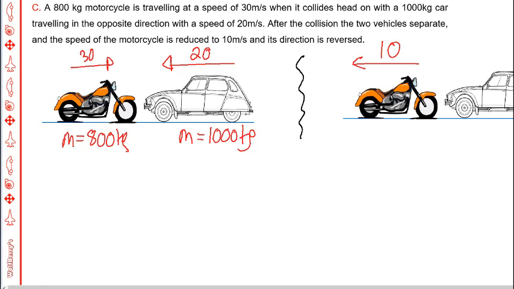So the principle of conservation of momentum basically states that the sum of the momentum before the collision is equal to the sum of the momentum after the collision. So before the collision, we have the motorcycle's momentum and the car's momentum.